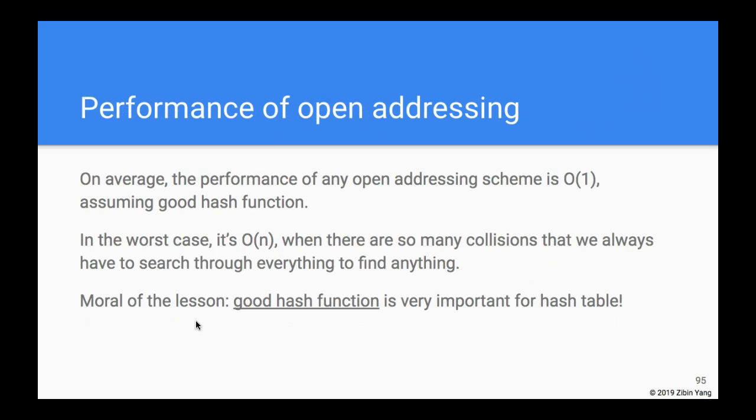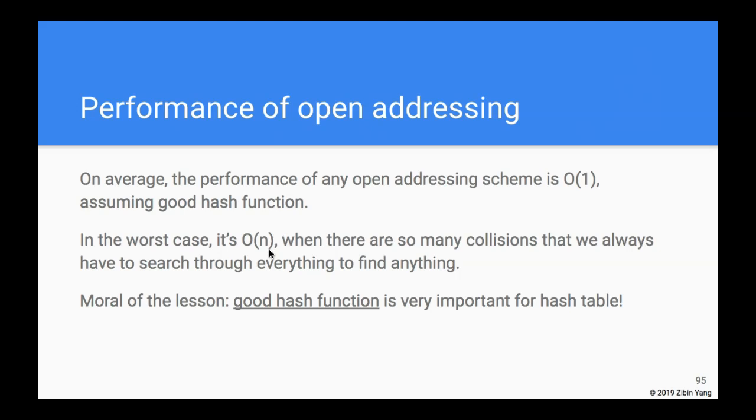Now let's think about the performance, of open addressing hash tables in general. On average, it's very similar to other hash tables, and it should be O(1), assuming you have a good hash function.